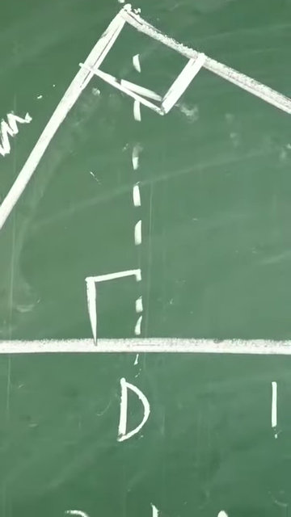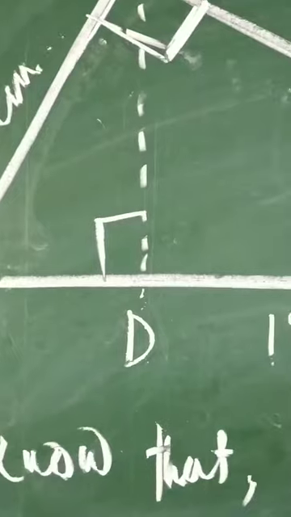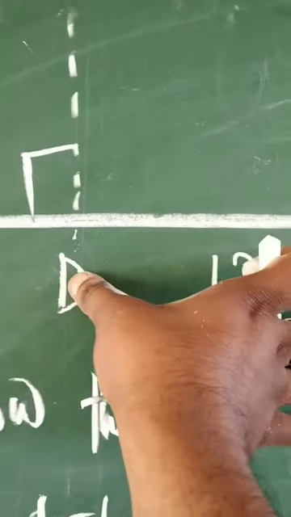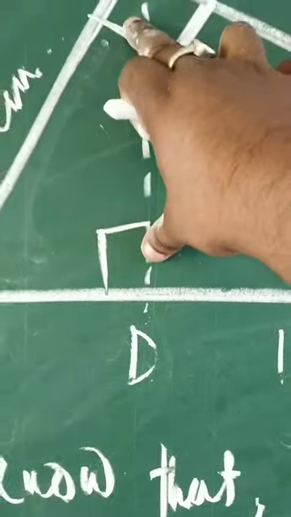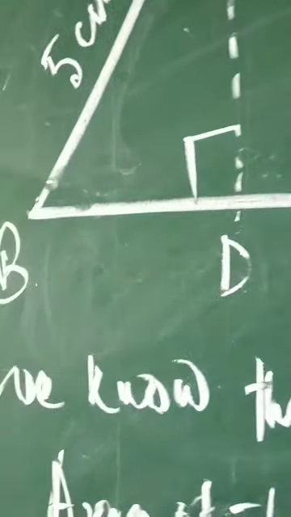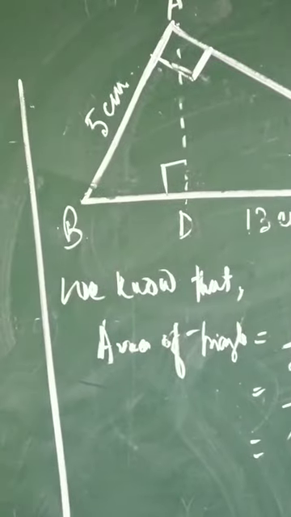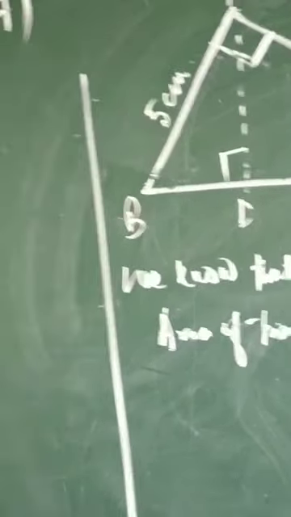If I find the area in this way, half into base into height, in which base is 13, height is AD and area is 30, can we write it that way? Yes, we can. I'm repeating once again: I'll find the area of triangle ABC once again, but I'll use a trick.